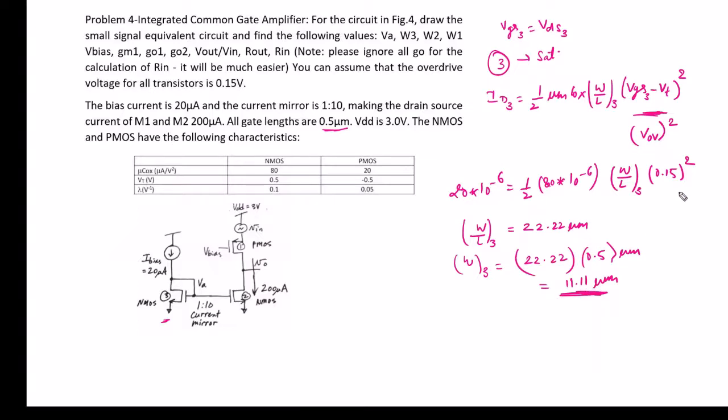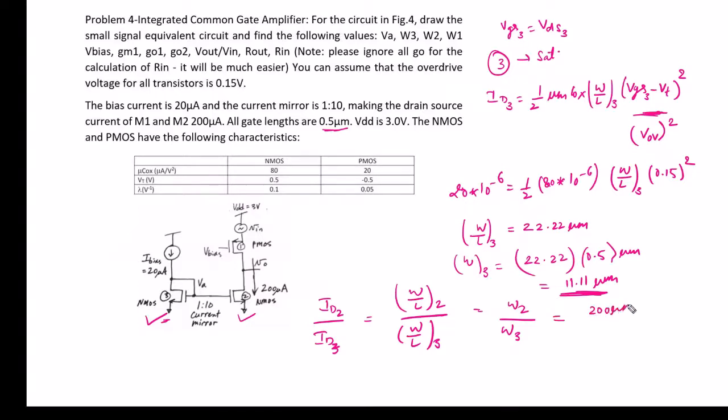Now let's find the width of the second transistor. As you can see, these M3 and M2 transistors form a current mirror pair circuit. If we ignore VDS of these transistors, then we can write the ratio of currents of these transistors as the ratio of W by L of these transistors. And in the question, L of both transistors is the same, so the length will cancel out, so simply we can write it as W2 by W3.